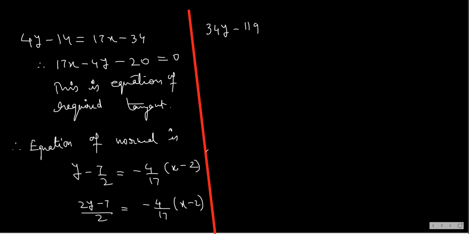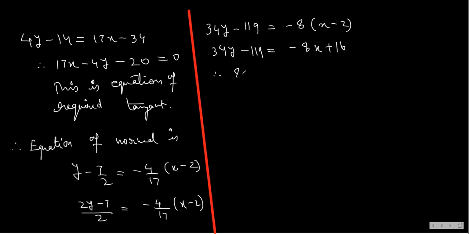So 34y minus 119, and this 2 will multiply here. You get minus 8 times x minus 2. So you have now 34y minus 119 equals minus 8x plus 16.